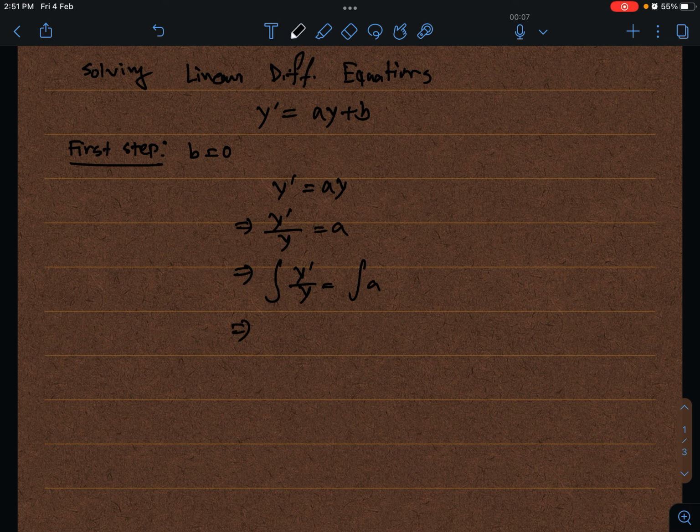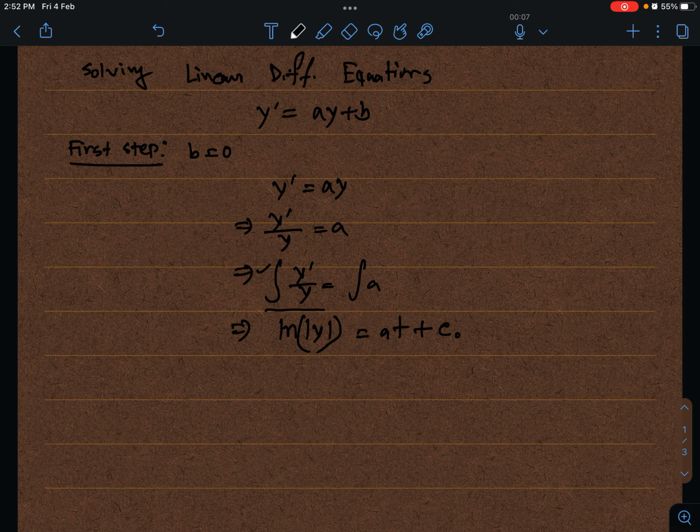We get this. You know the formula for this sort of integral, where in the numerator we have the derivative of the denominator. So if you integrate the left hand side, you would get ln of y, and on the right we have at plus c naught.